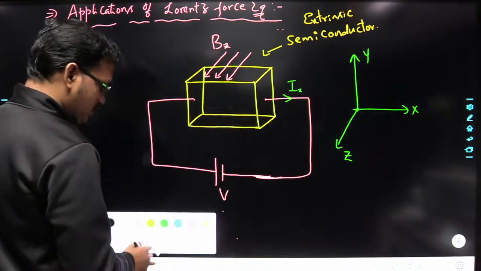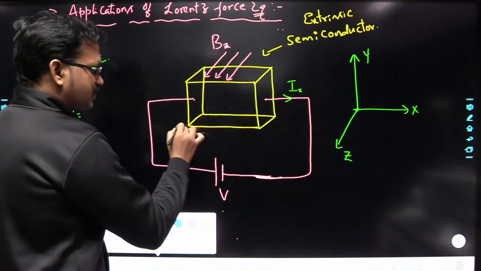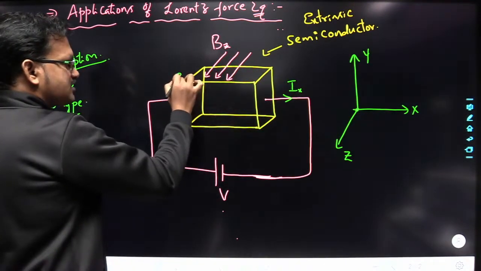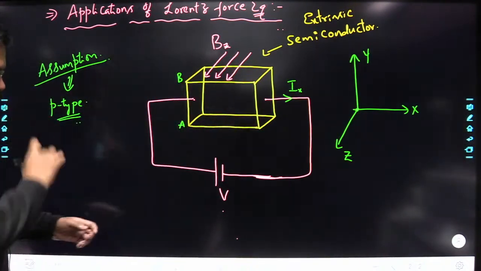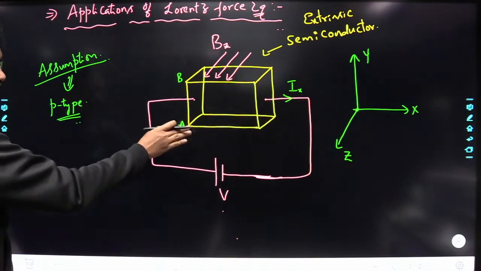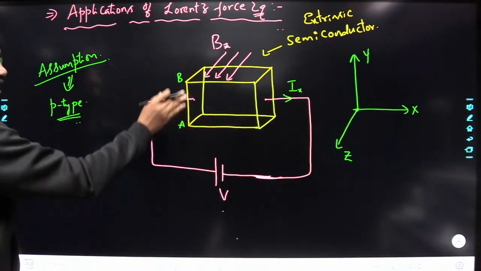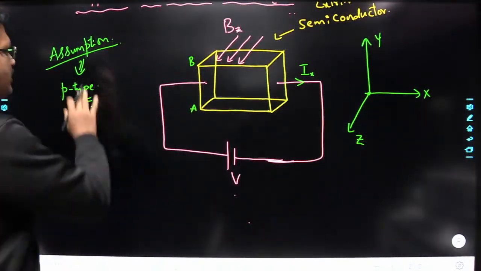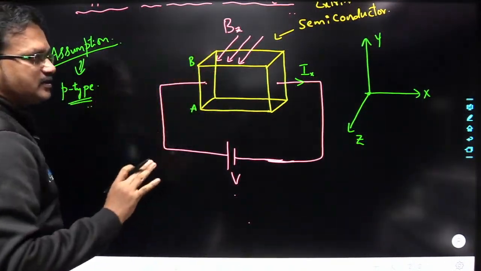Let us say the bottom surface is A and the top surface is B. I am assuming that this semiconductor is P type.